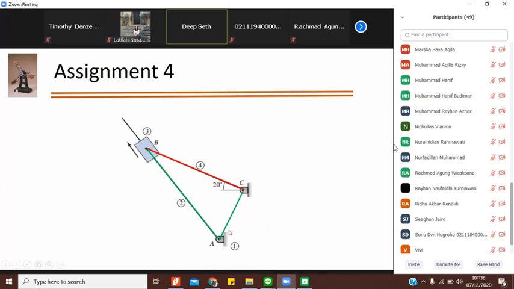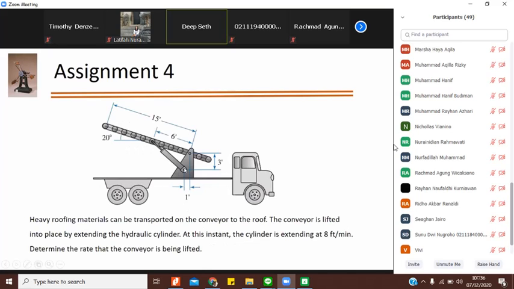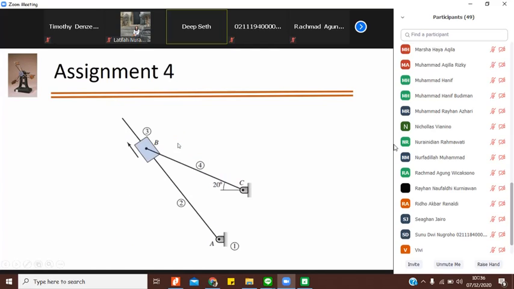So this is A, this is your C, and this is B. The slider is actually your hydraulic ram. B is not really sliding, it's just moving as a hydraulic ram, and link 4 is connected to it.